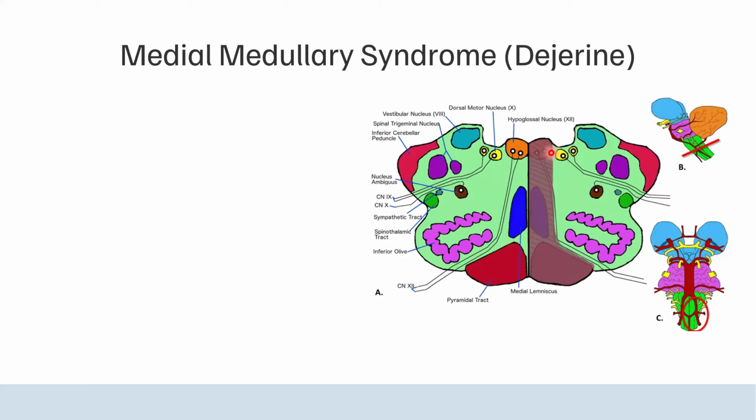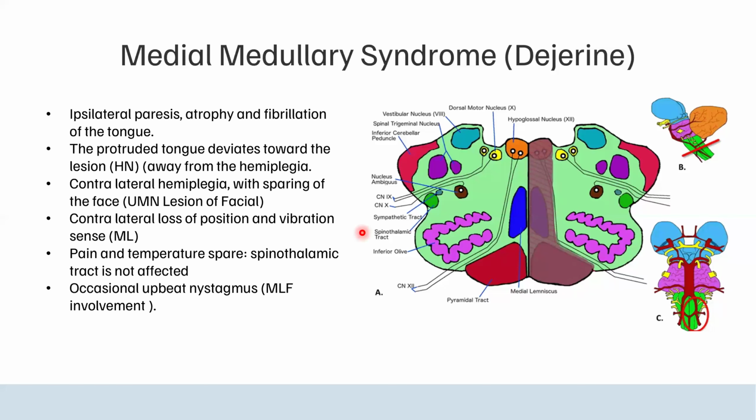See, you didn't have to really memorize everything here, did you? Just had to know that one small slide. So now you can see that the pyramids, the medial lemniscus, and the hypoglossal are the ones that are affected, and you know the artery that is affected. So that will give me everything that I see here.